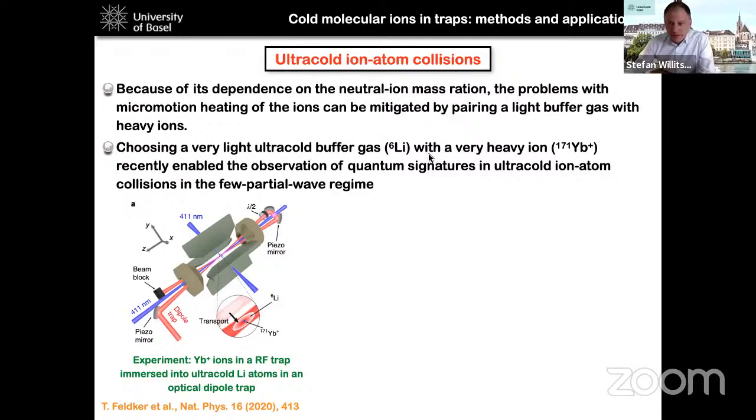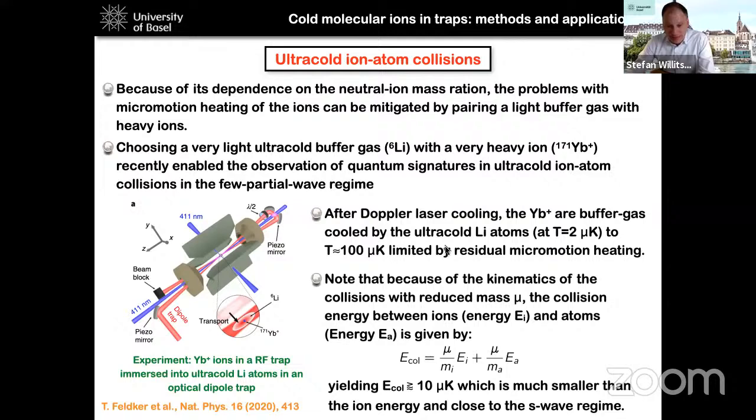Yeah, so collisions where we only have a few partial waves left, where we are not in the classical regime anymore, but where we really want to see quantum signatures in the collision. And one big obstacle for reaching this regime was exactly this micromotion. So they implemented an experiment with a very light buffer gas and a very heavy ion, right, where these problems are minimized. And by doing so, they achieved exactly that.